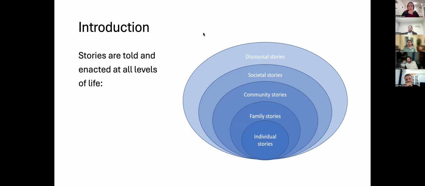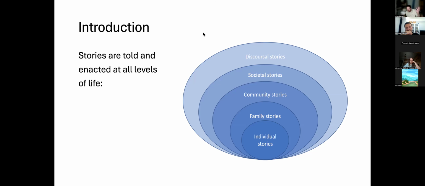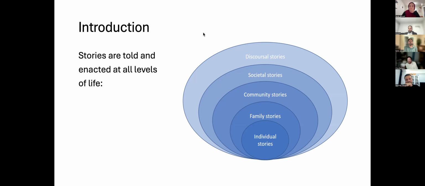And then surrounding community stories, we have the bigger societal stories: what it means to be British, Canadian, Turkish, wherever. What are the sorts of stories that bring a particular social and societal understanding to life, the universe, and everything.